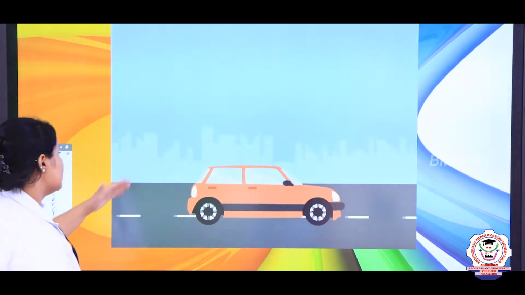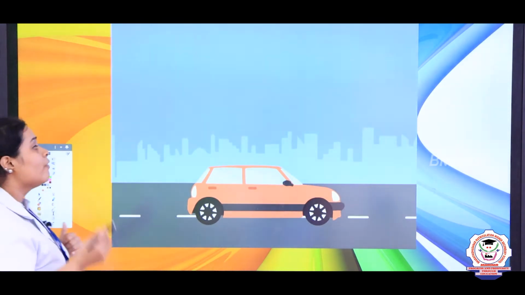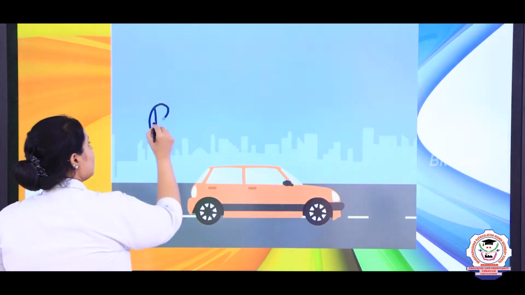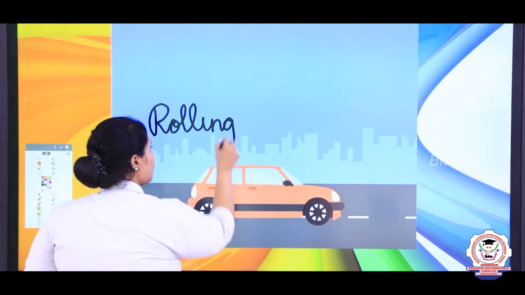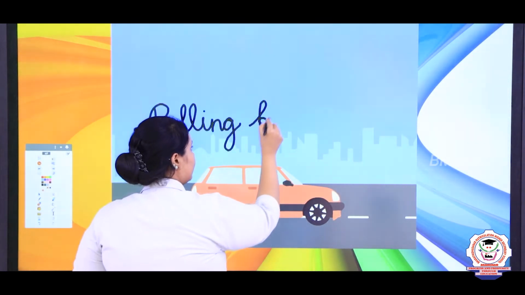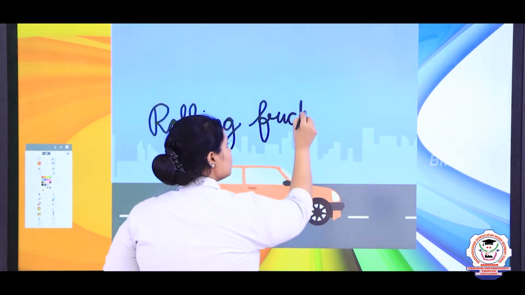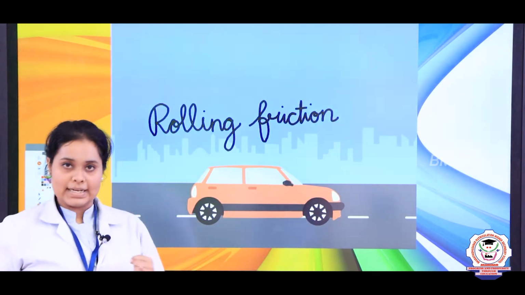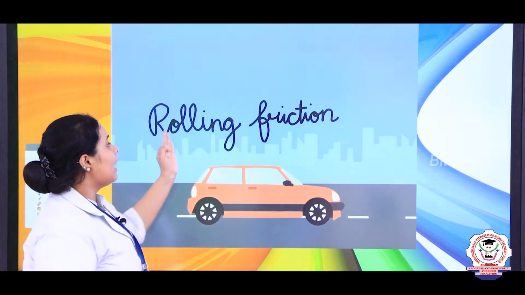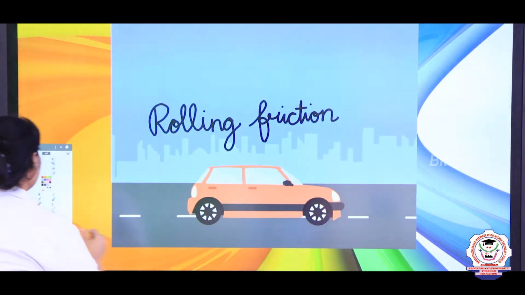That type of movement is known as rolling friction. So we have discussed static, sliding and rolling friction, right?